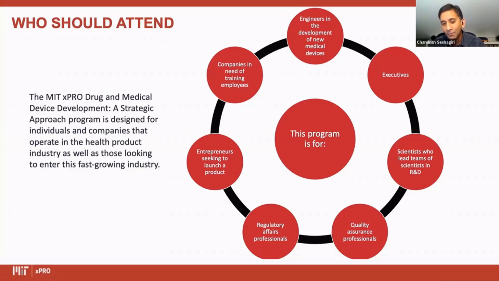Executives who are running companies and need to be thinking through some of these strategic choices, scientists, QA and RA, all of these choices are usually inflected heavily with the regulatory and quality requirements and inputs that are important to making the right choices. And then the others that are really worth noting, we see entrepreneurs.